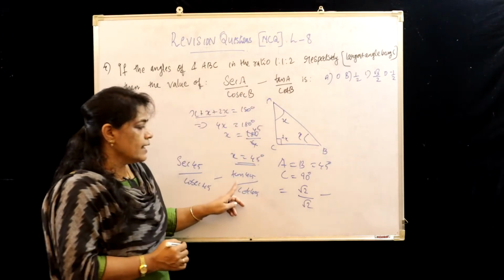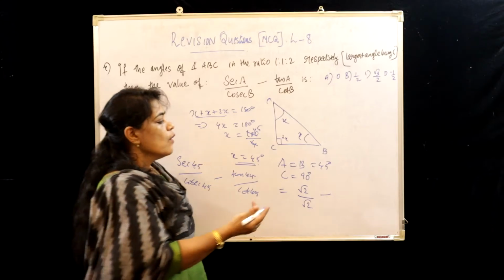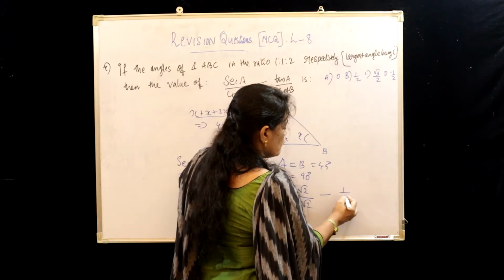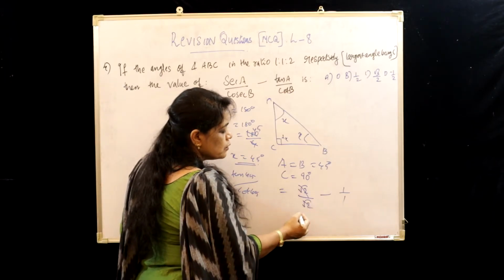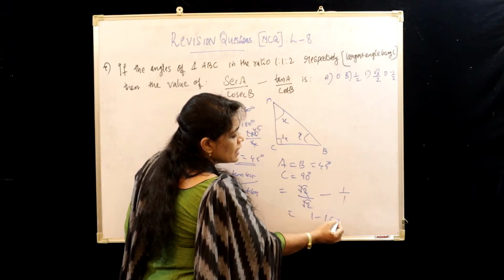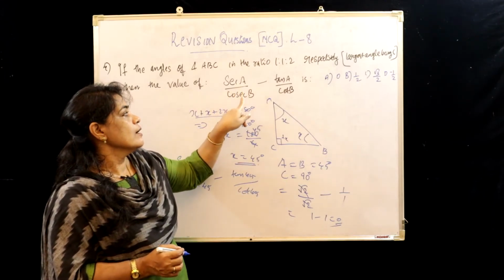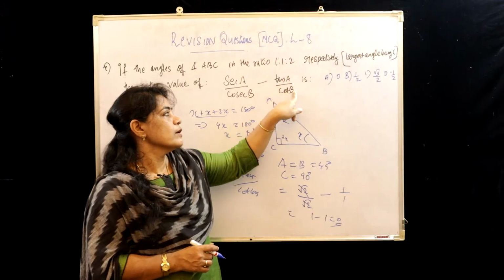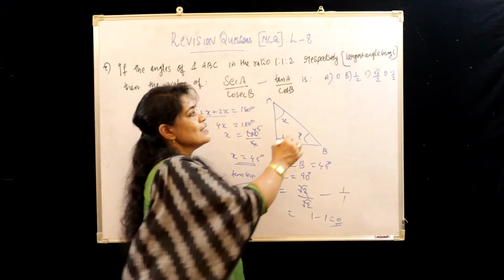Minus, then tan 45 and cot 45 both are equal to 1. Tan 45 is sin 45 by cos 45. So root 2 by root 2 is 1, and 1 by 1 is 1, so 1 minus 1 equals 0. So the value of sec A by cosec B minus tan A by cot B is equal to 0. The first option is the correct one.